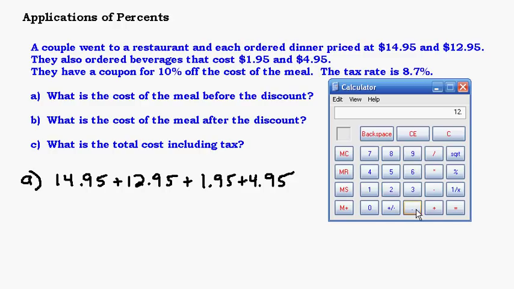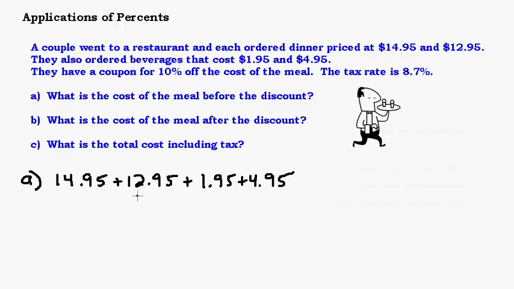Wouldn't be too bad. Actually, a good way would be to estimate it and round it up to the nearest dollar and subtract off some nickels, but we'll just do it this way. So it looks like $34.80 for the cost of the meal.